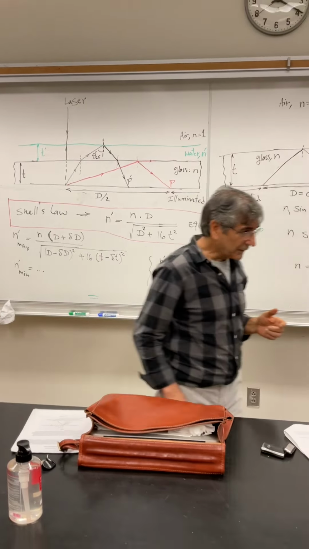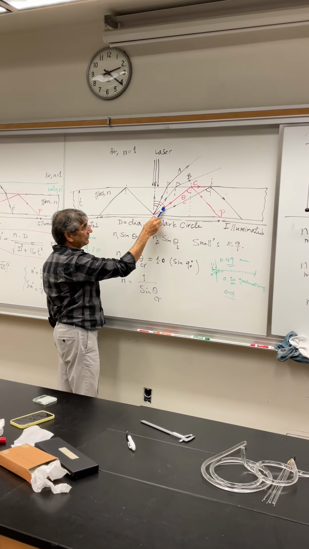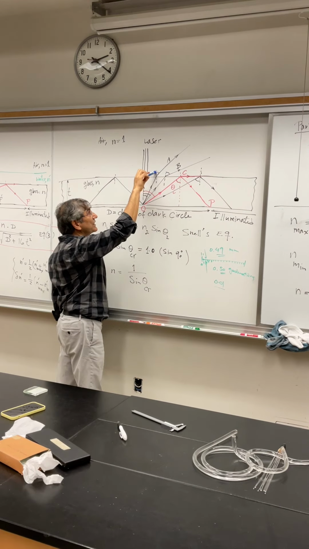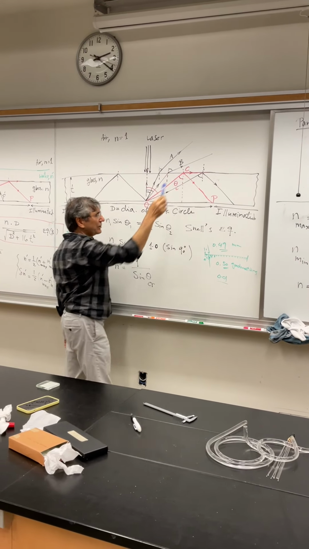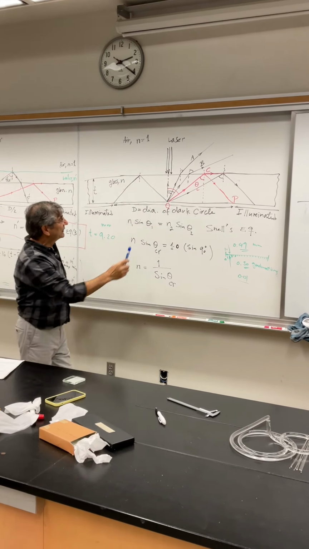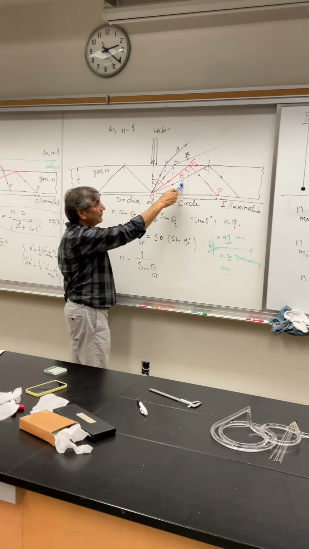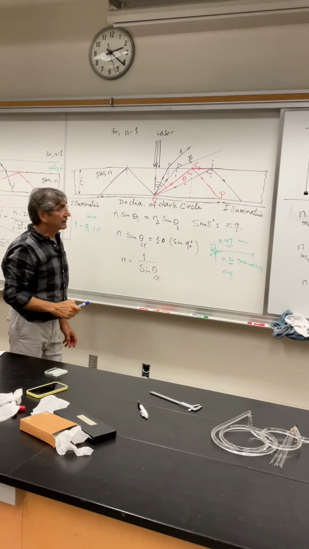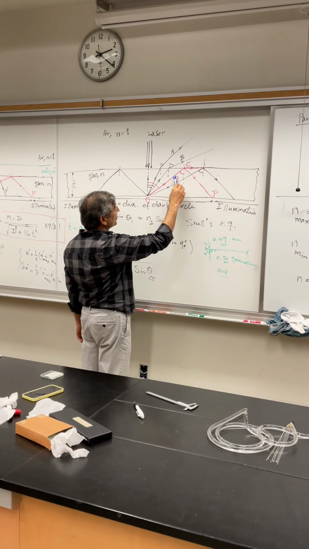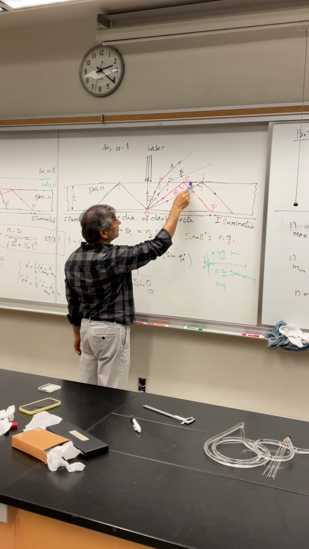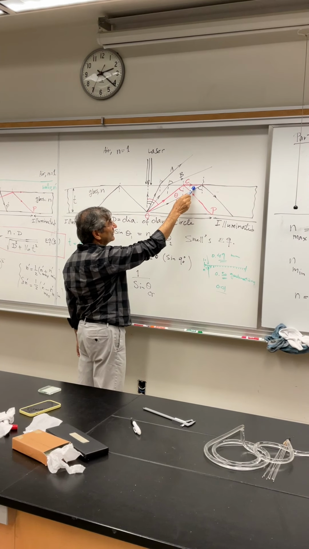Other rays are like that. This is another one, goes like this. And as you can see, if the angle of incidence becomes bigger, the angle of refraction, which is these angles in here, also becomes bigger. Eventually, there would be an angle of incidence, which we call theta c for critical angle, which is in such a way that the angle of refraction becomes 90 degrees, as I have shown in here.